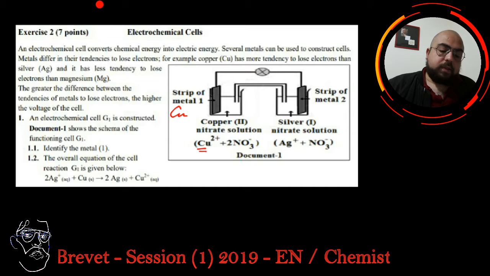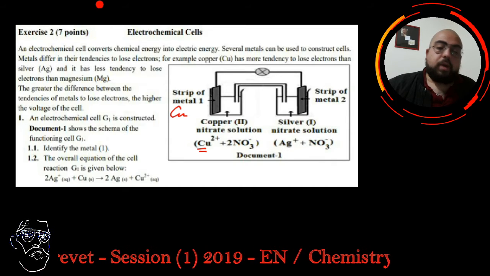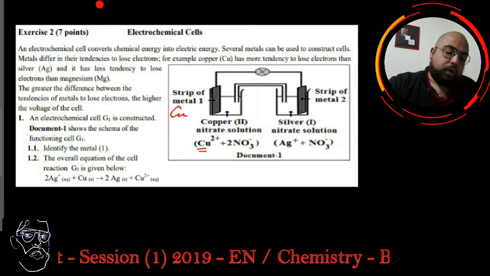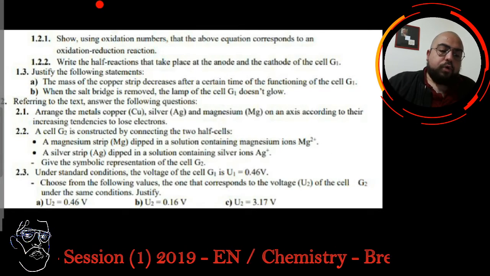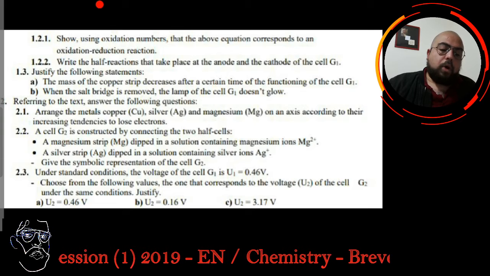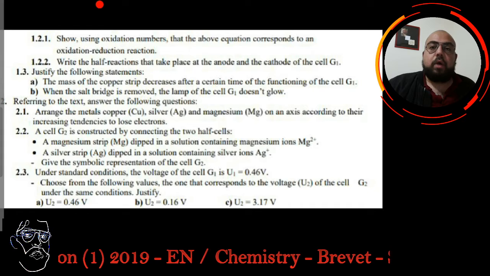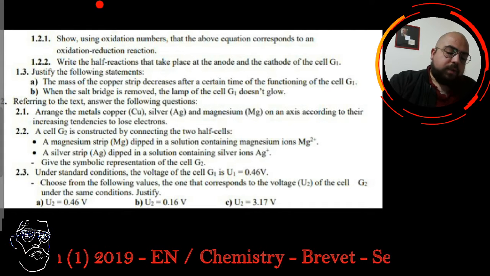The overall equation of the cell reaction G1 is given below: 2Ag+ plus Cu gives 2Ag plus Cu2+. So this is the overall equation. Show using oxidation numbers that the above equation corresponds to an oxidation reduction reaction. Very simple.